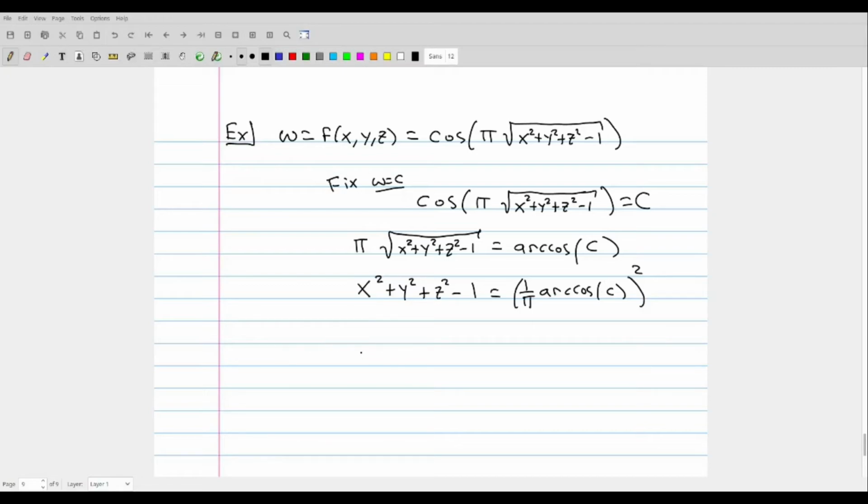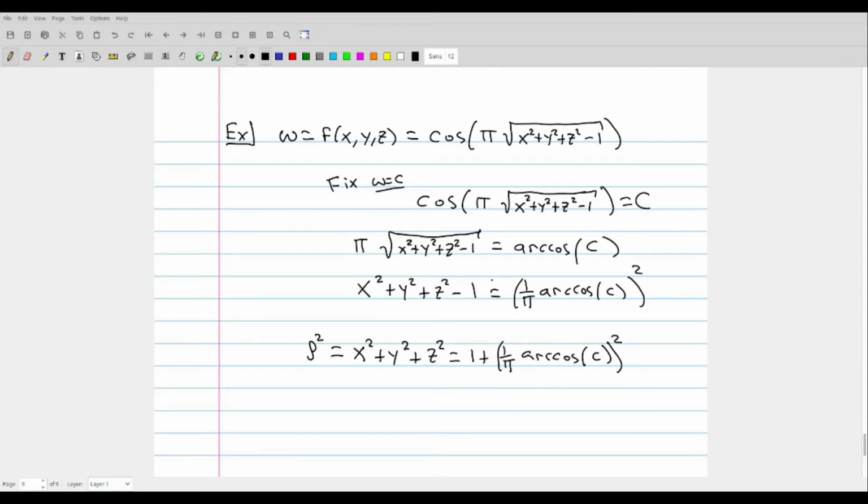And lastly, if I add 1 to both sides, I have x squared plus y squared plus z squared is equal to 1 plus 1 over pi arc cosine of c, squared. Remember, x squared plus y squared plus z squared is equal to rho squared.